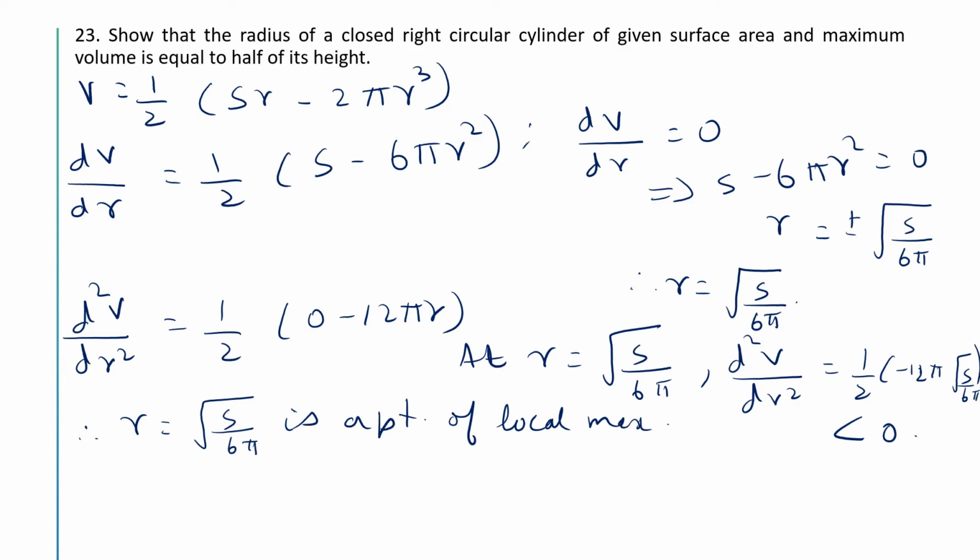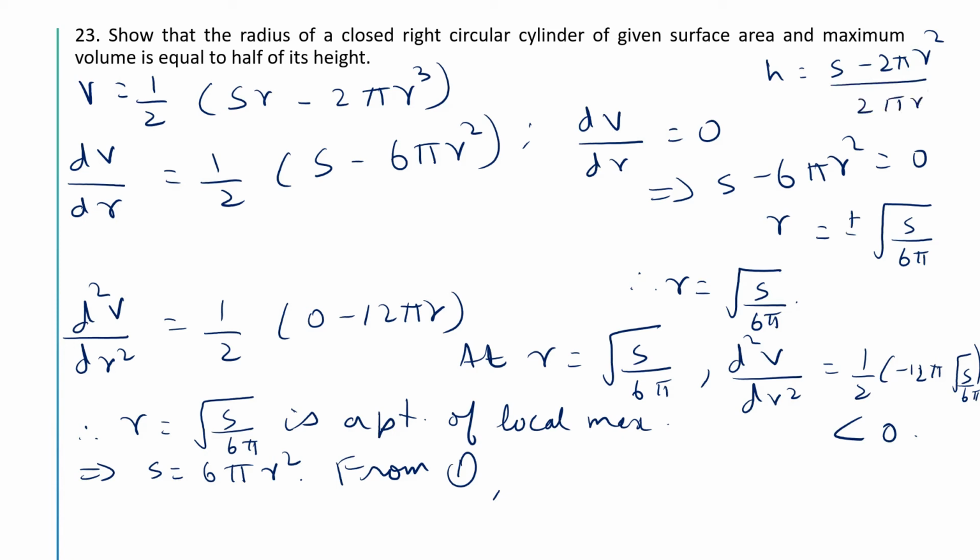So from this we have s is equal to 6 pi r square. So from equation number 1, we have taken h is equal to s minus 2 pi r square divided by 2 pi r.